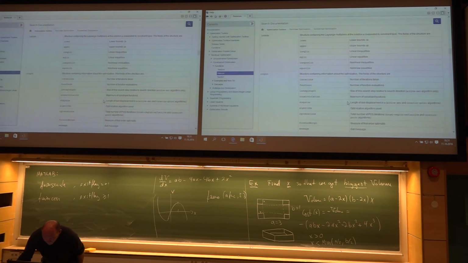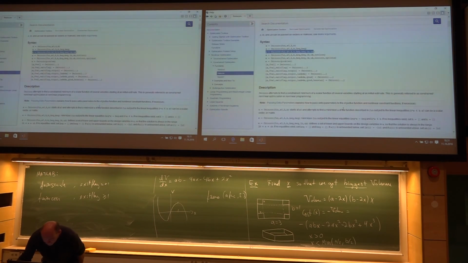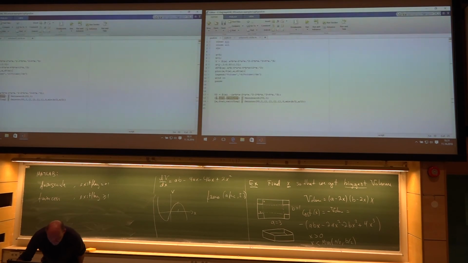You can have some more output here if you like. I believe output, if you also include the output. Let's see what happens.